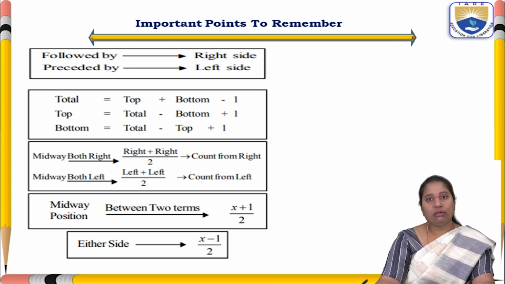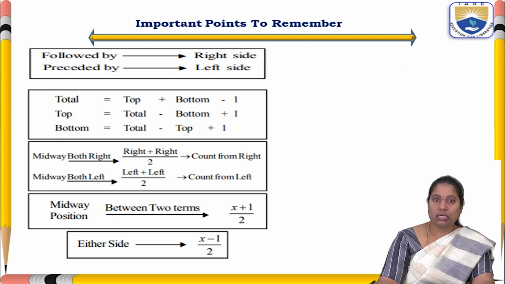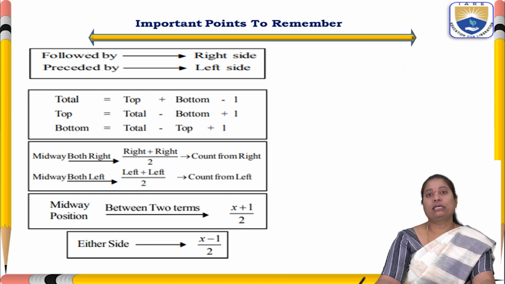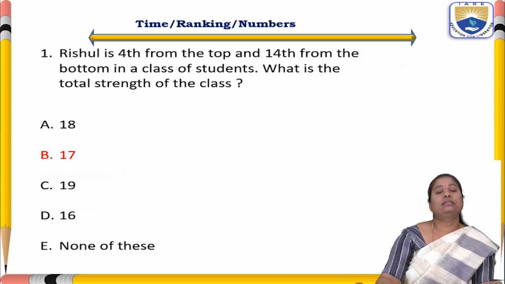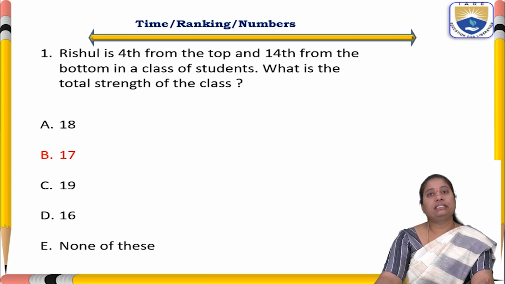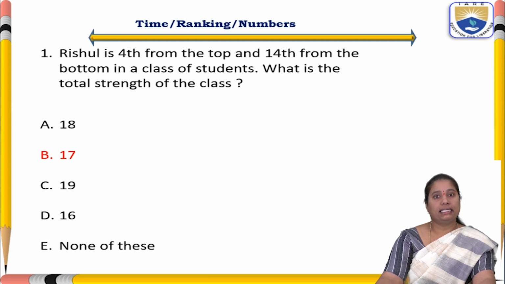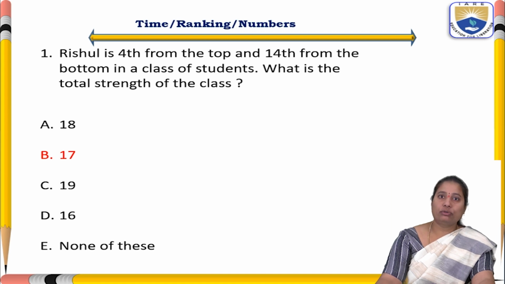Anyhow, while solving this, either side, x minus 1 divided by 2, how these formulas are applied, we will see with the practical examples. Then let us go with the examples of this time, ranking and numbering. So in the first set of questions, first we will build the understanding of ranking more.